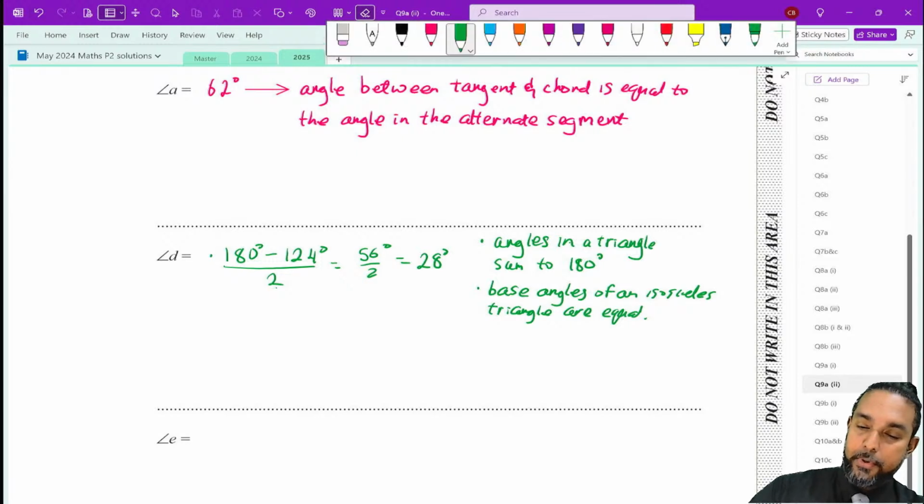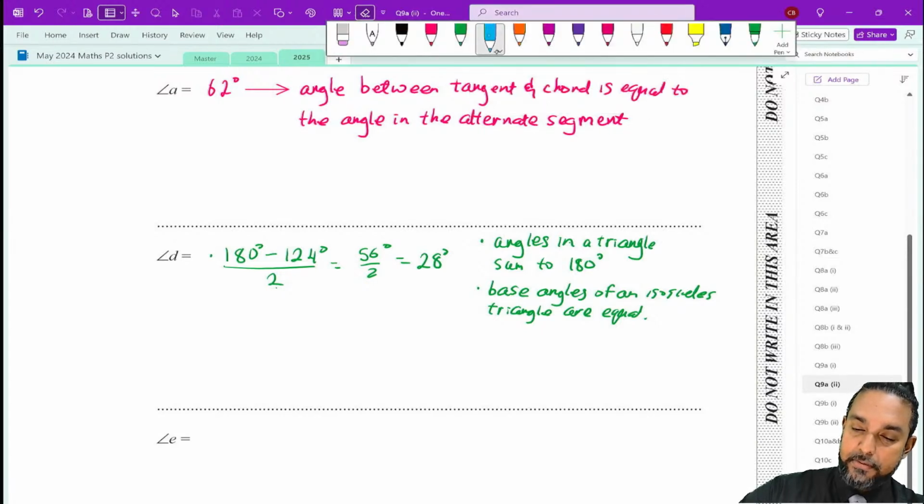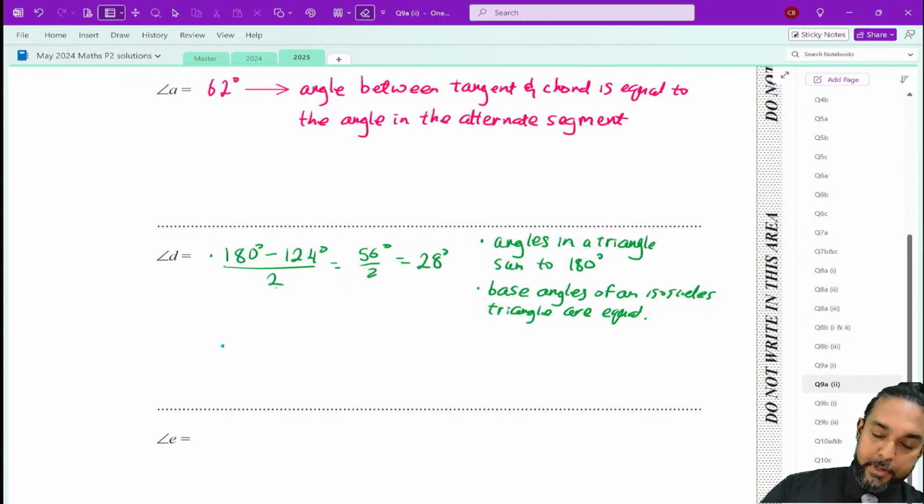And then the other way to do it would be to say 90 minus the 62 is equal to 28 degrees. And again, here you have two rules.